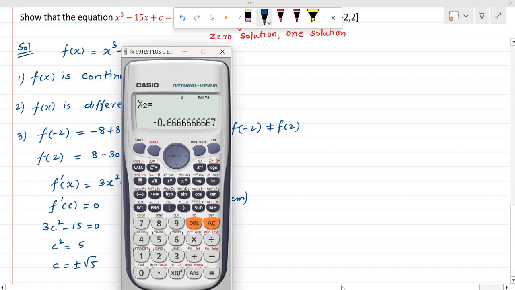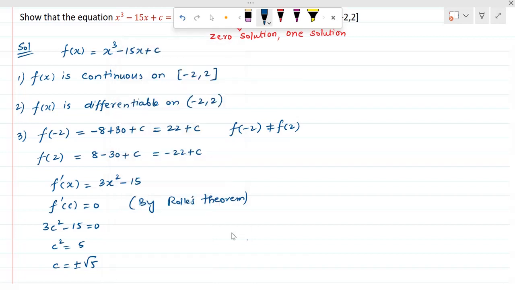So what is the value of root 5? Let us check the value of root 5 here. So root 5, in decimal, is 2.236. I write it here. So you will get 2.236 plus or minus. Now the given interval. What is the given interval? The given interval is minus 2 to plus 2. But what happened to this part?